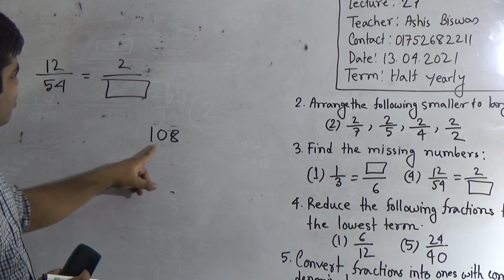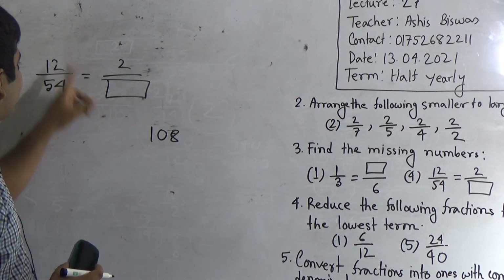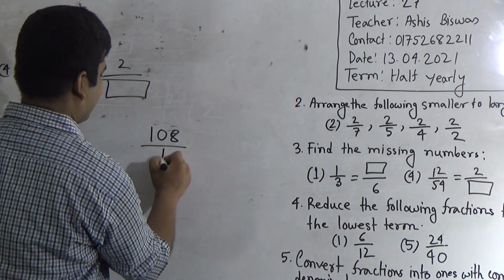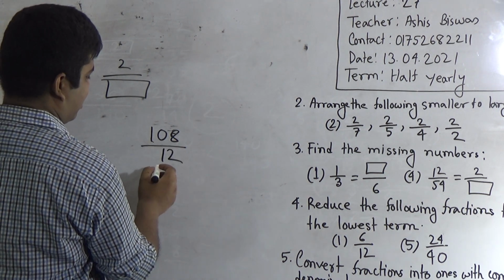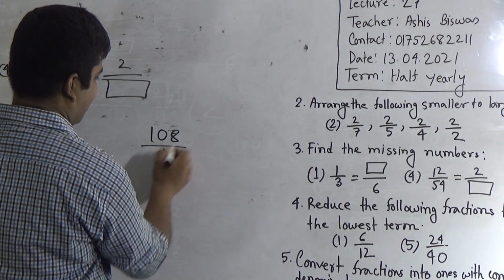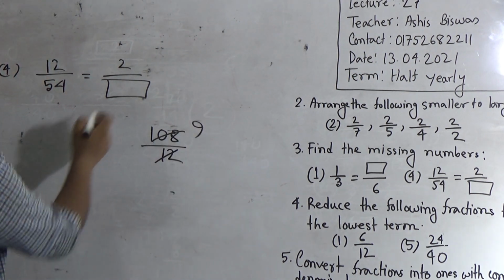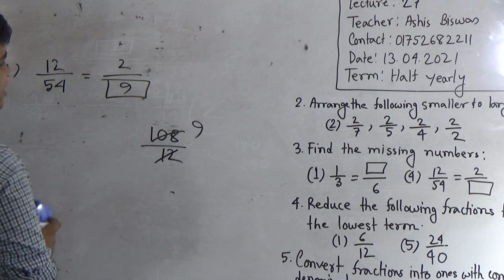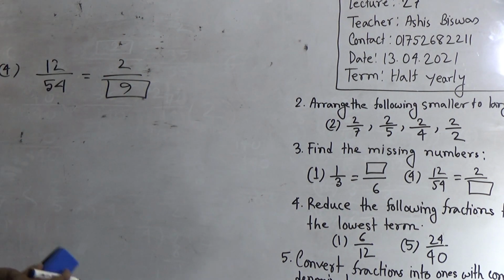Now we divide 108 by 12 and we get the answer. Okay, so we know in 108, 12 goes in 9 times. So that means in gap the missing number is 9. So if we write here 9, then both sides will be equal.